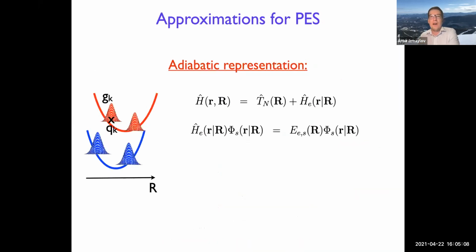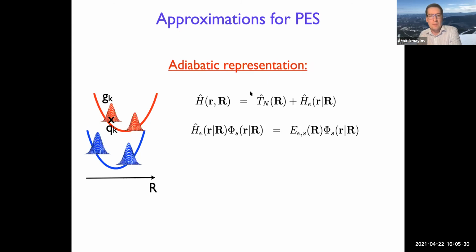There is another advantage that we didn't think of initially. It comes from the fact that when we work with this new representation, we don't need to do some approximations in the potential energy surface that we usually do in normal quantum dynamics.